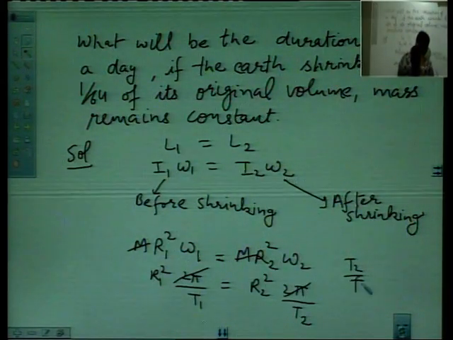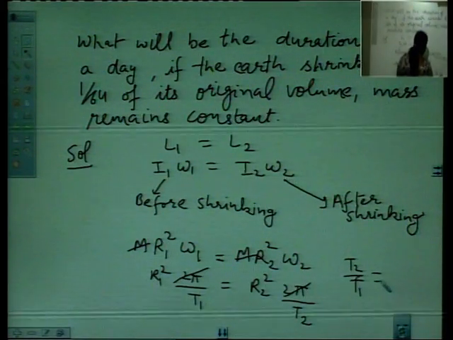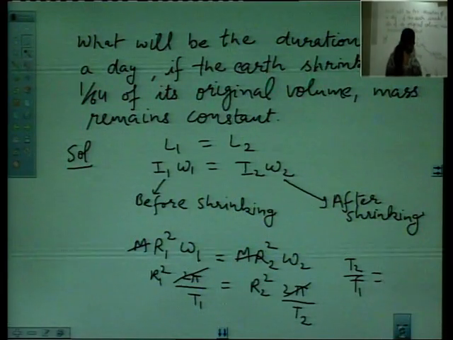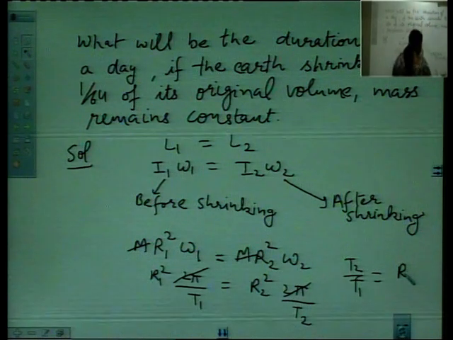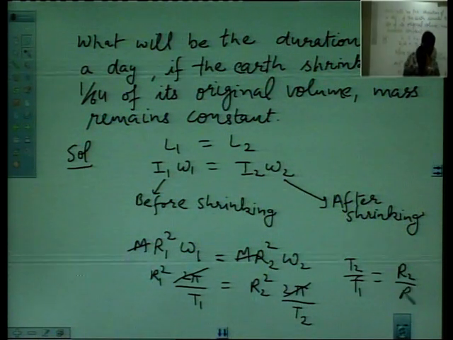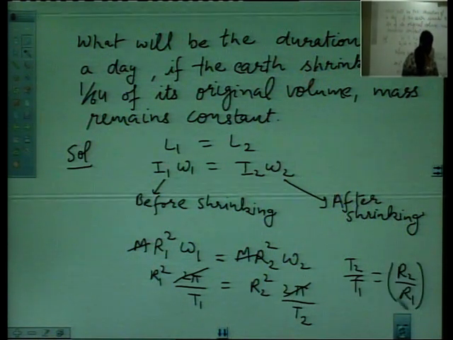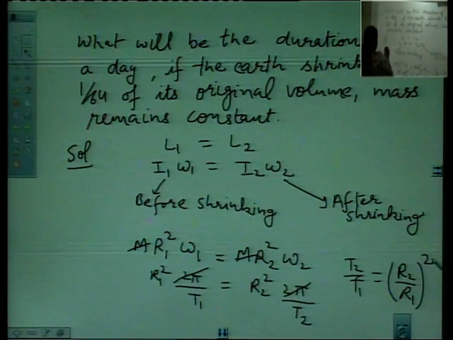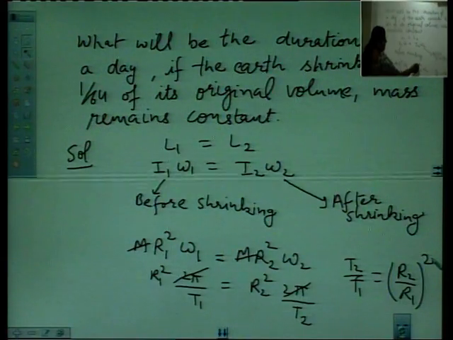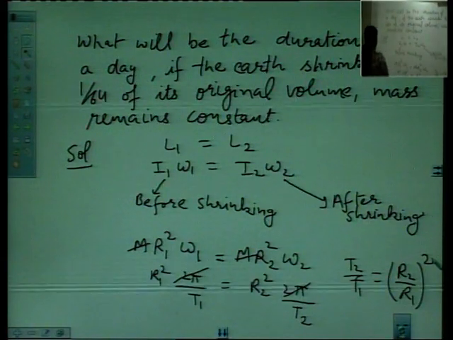So, we can write the ratio t2 upon t1 is equal to r2 upon r1 whole square. So, now we have to find the ratio of r2 upon r1.